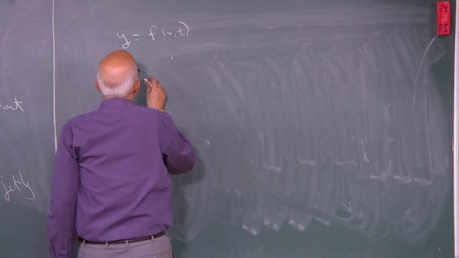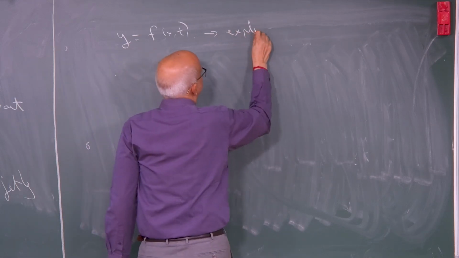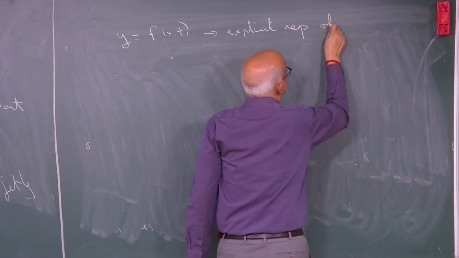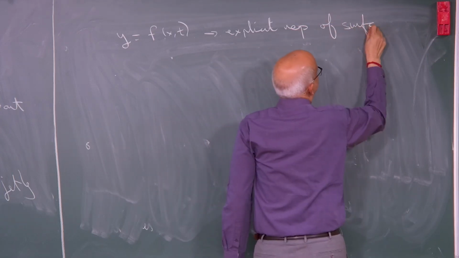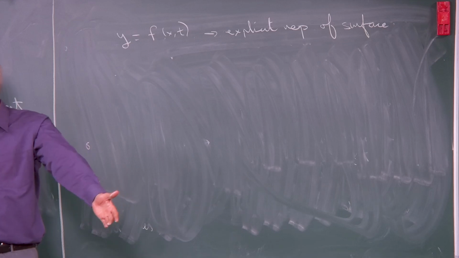I am going to write this as the explicit representation of the surface, where one coordinate is explicitly being represented in terms of the other.